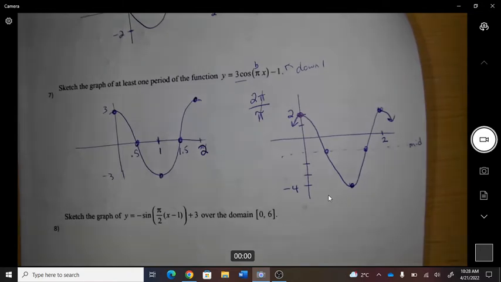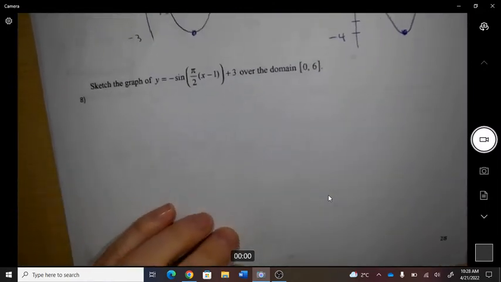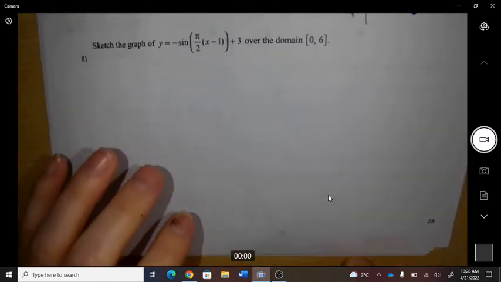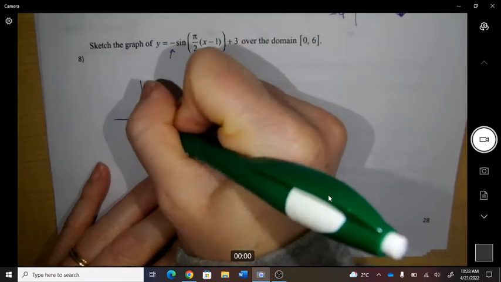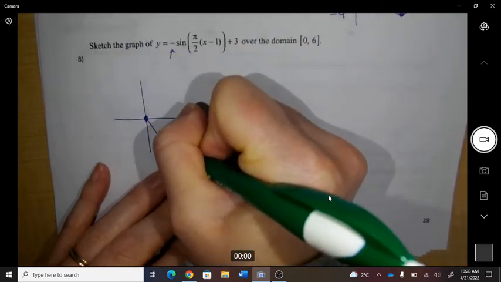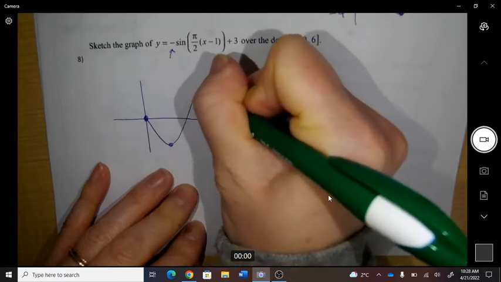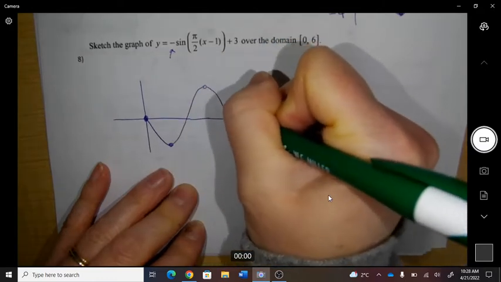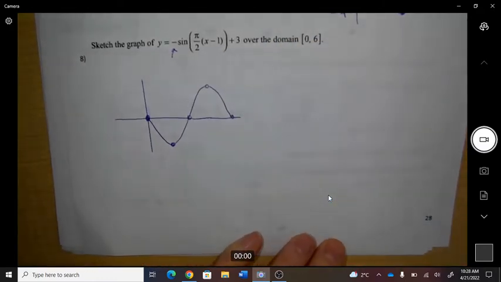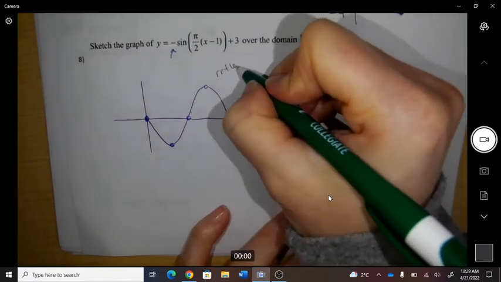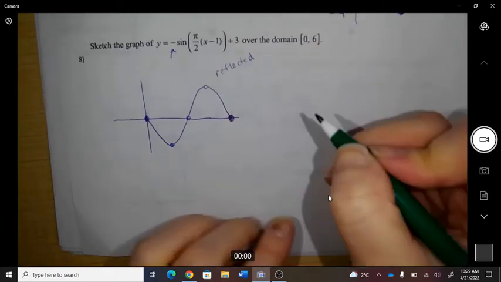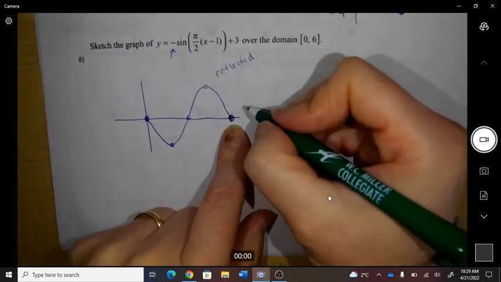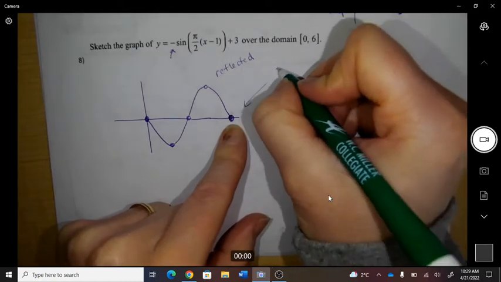Okay, number 8 is a reflected sine curve. So midline, instead of going up, I'm going to reflect it. So that is a sine curve reflected. Now this is my normal x value 2 pi, the end of the cycle there.